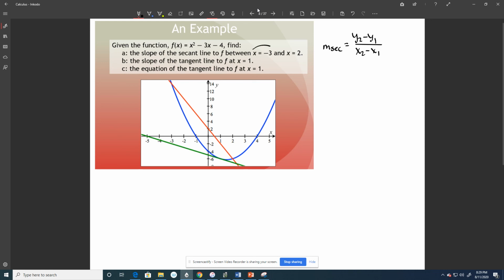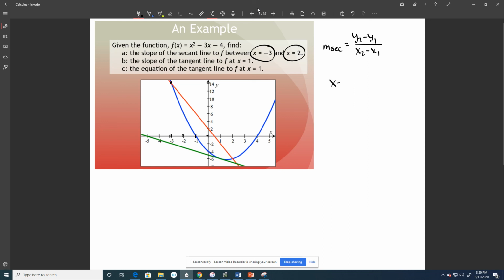So it gives me 2 x values that I need to use. I don't know what the y values are at those points. There's a couple of ways I can find that. I can look at my graph. My blue line represents the function. So when x is -3, my y value is right about here, which looks like 14.